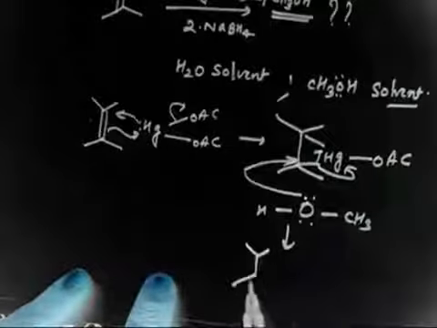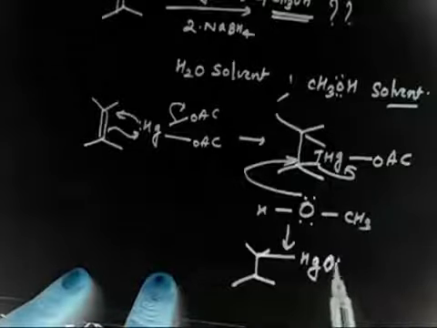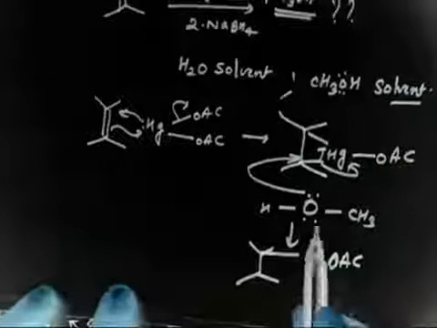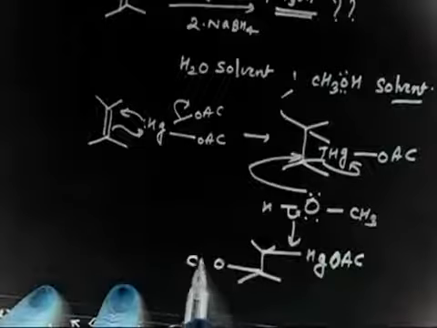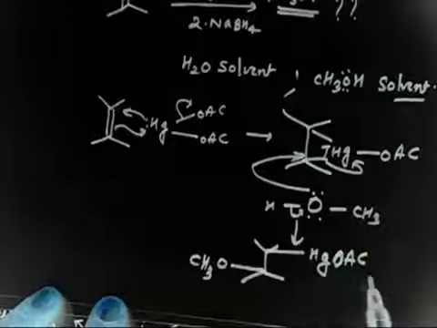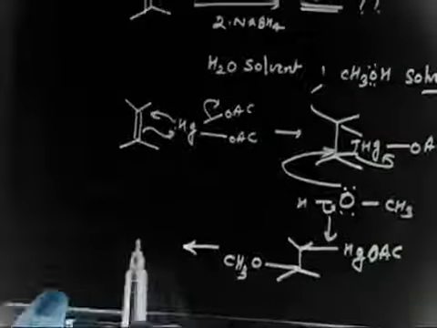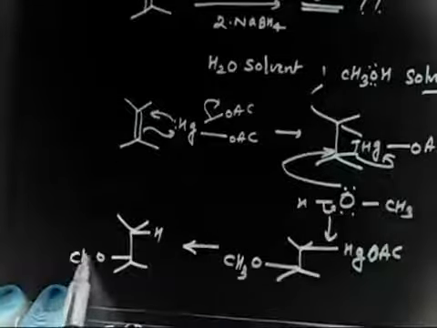This goes here. Are you getting or not? So only difference you will have here, you will have HgOAc. And if you remove H plus, so let me remove here H plus itself, so I will have OCH3. Now if you do demercuration, if you simply replace HgOAc with hydrogen, so finally you will have this product. You will have hydrogen here and here you will have OCH3.